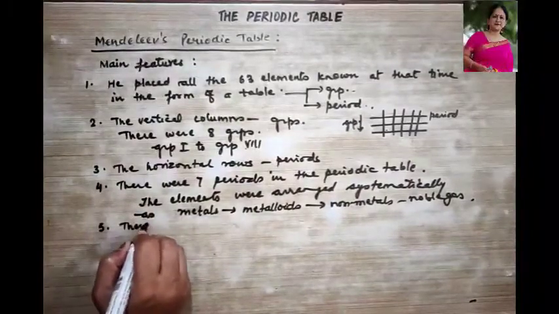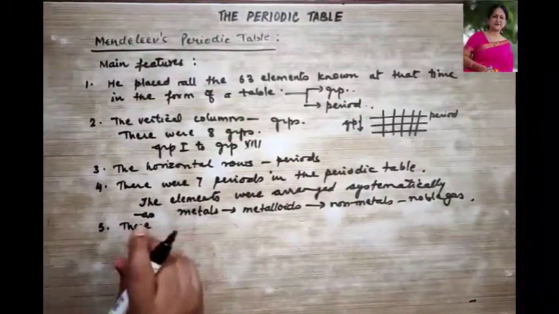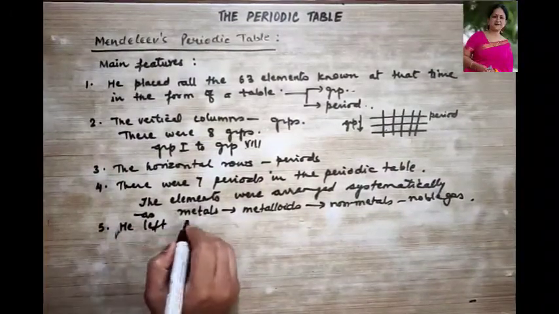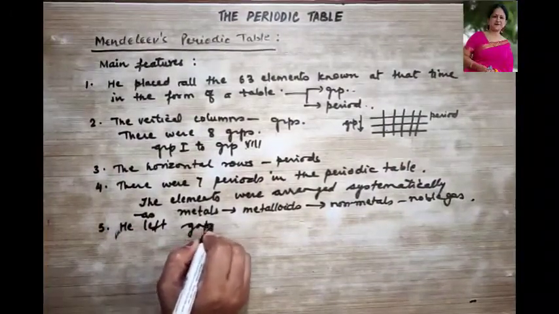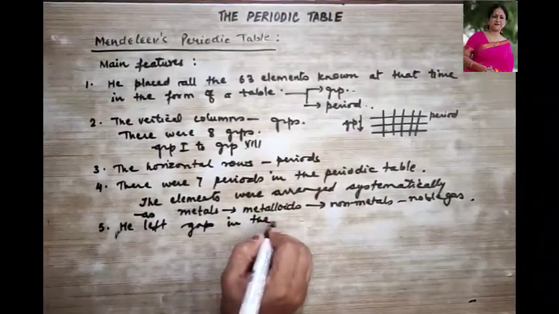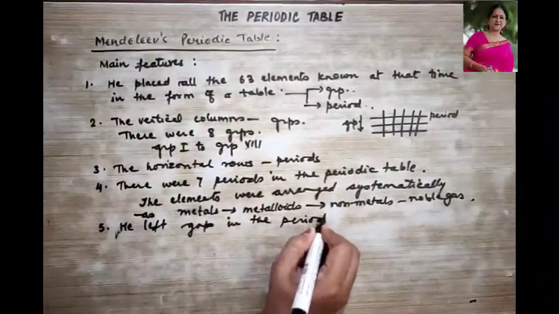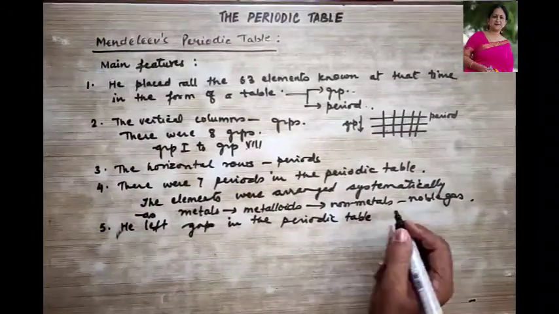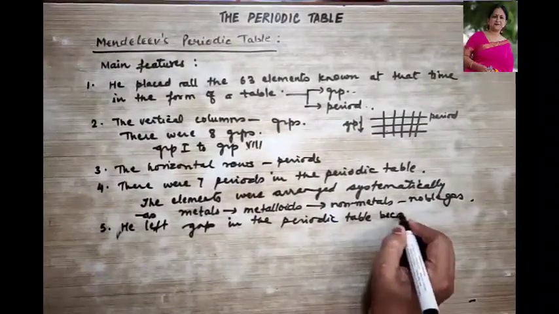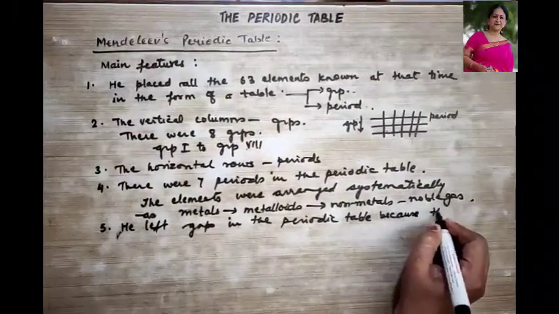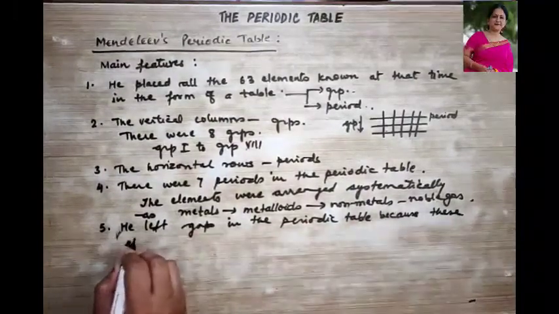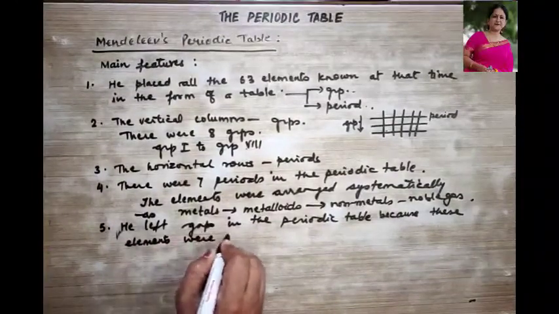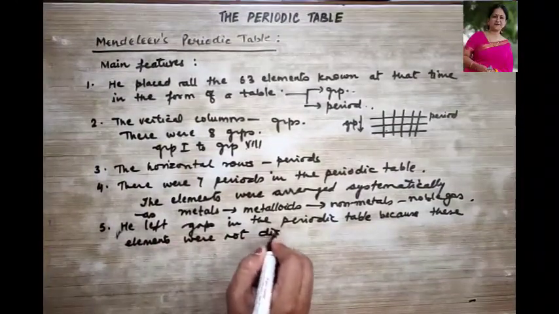is that he left gaps in the periodic table. Okay, because why did he leave these gaps? Because these elements were not discovered.